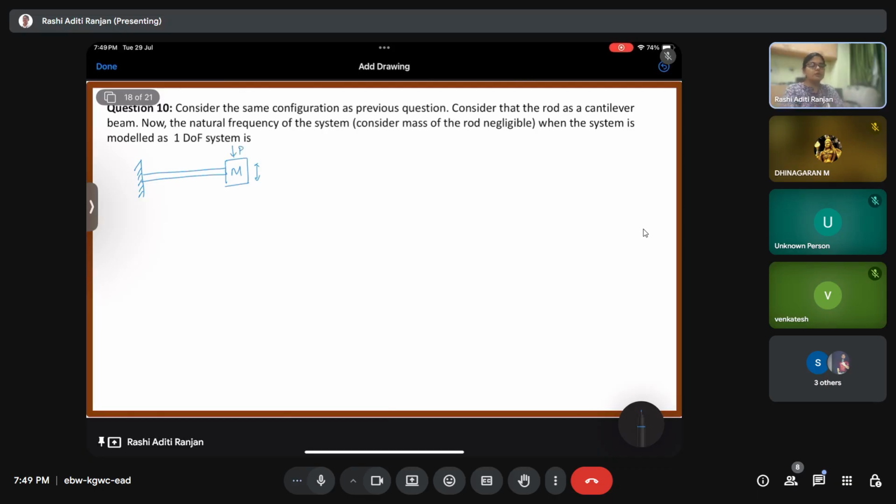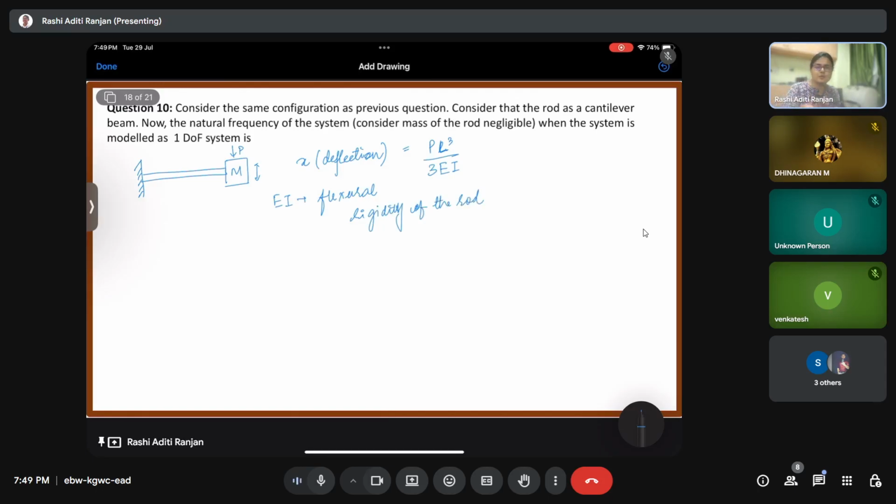So this is a cantilever beam, and in strength of materials, you must have studied that in this case, the deflection X, when for a cantilever beam a load is applied at the end, is nothing but P L cube by 3 EI, where EI is nothing but the flexural rigidity of the rod.